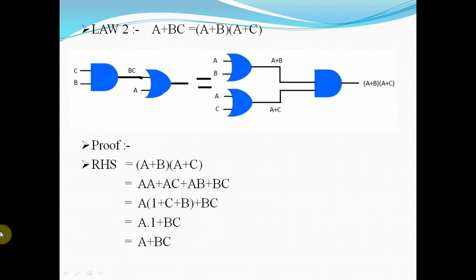So instead of all these terms, we are getting A into 1 plus BC, which is A plus BC. We are getting the LHS. In this way, we can implement it with the help of a logic diagram also.